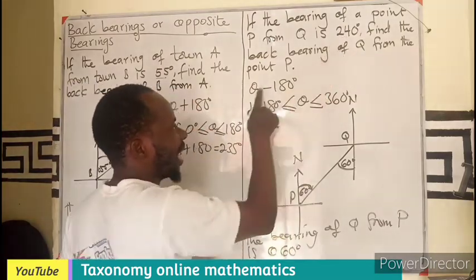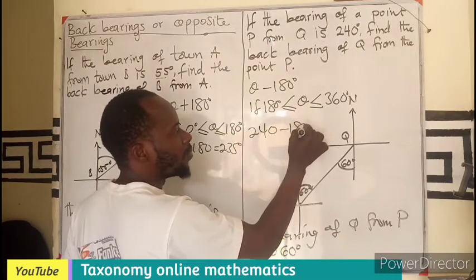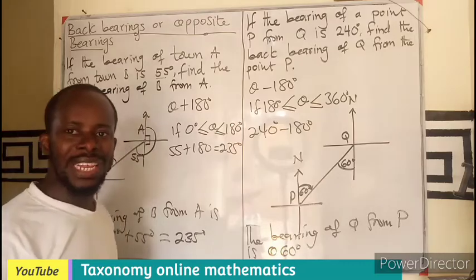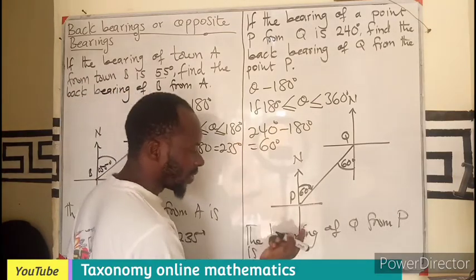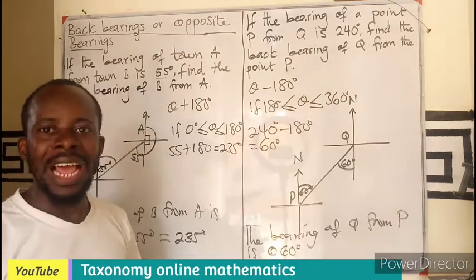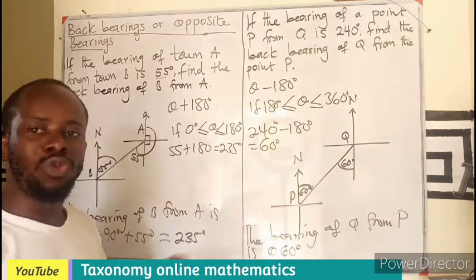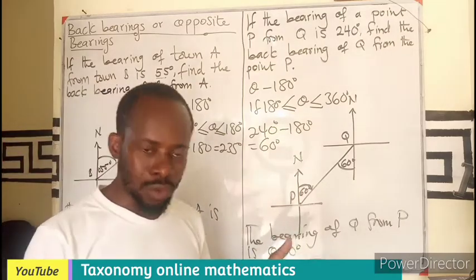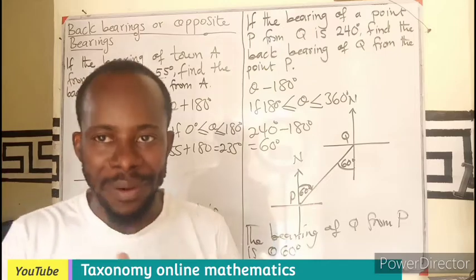Look at this, my theta is now 240. So 240 minus 180. I believe that will also give us 60 degrees as per the diagram. I believe you get the concept. So these are the two approaches to finding the back bearing of a bearing.